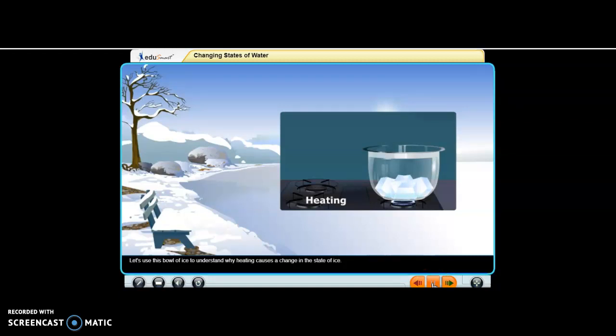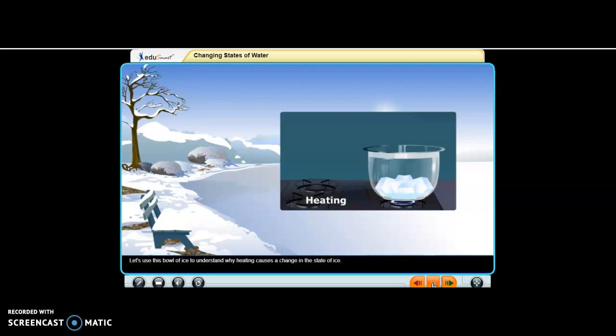So here we're going to make a prediction. Just based on our previous slides, we know that if we're looking at a lake and the temperatures outside are freezing, then the temperature is going to affect the water that's in the lake, and it's going to cause it to freeze, which is going to change the state of the lake from a liquid to a solid.